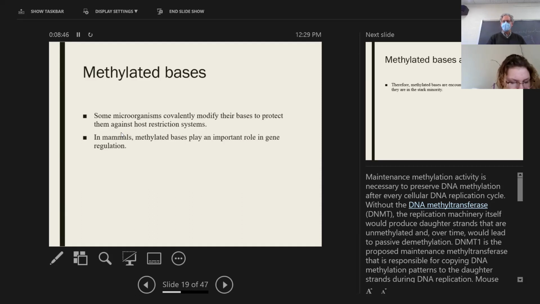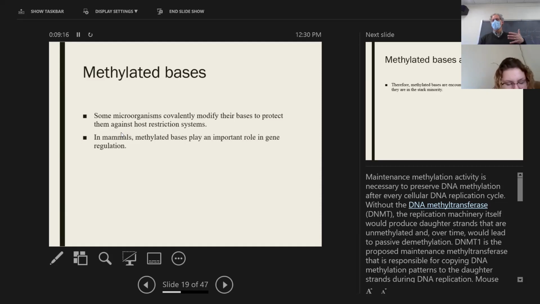And the DNMT1s, they seem to be responsible for so-called maintenance DNA methylation.